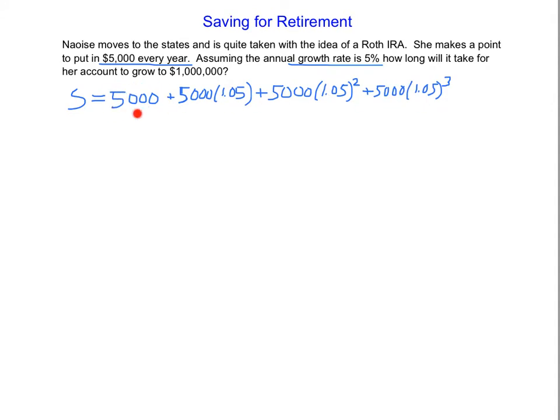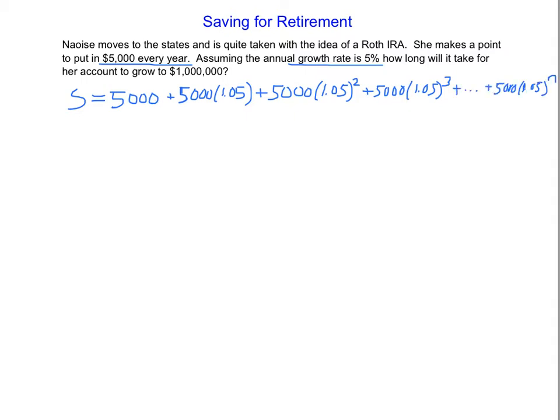This is the last $5,000 we put in. This one here is actually the original $5,000, which has now grown for 3 years. And then that first year we put in $5,000. That's grown for 2 years. Last year we put in $5,000, that grew 1 year, and right now we put in another $5,000. And then this just continues.